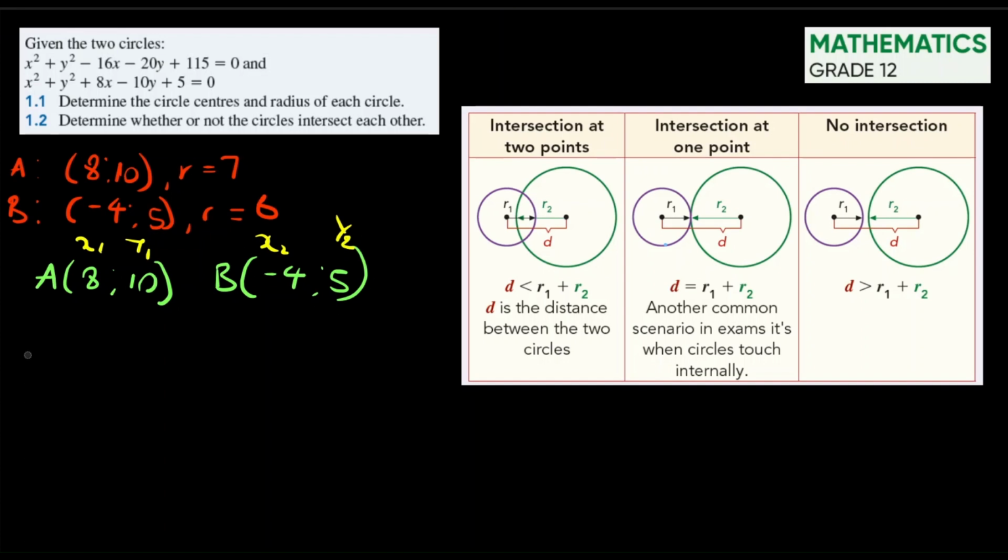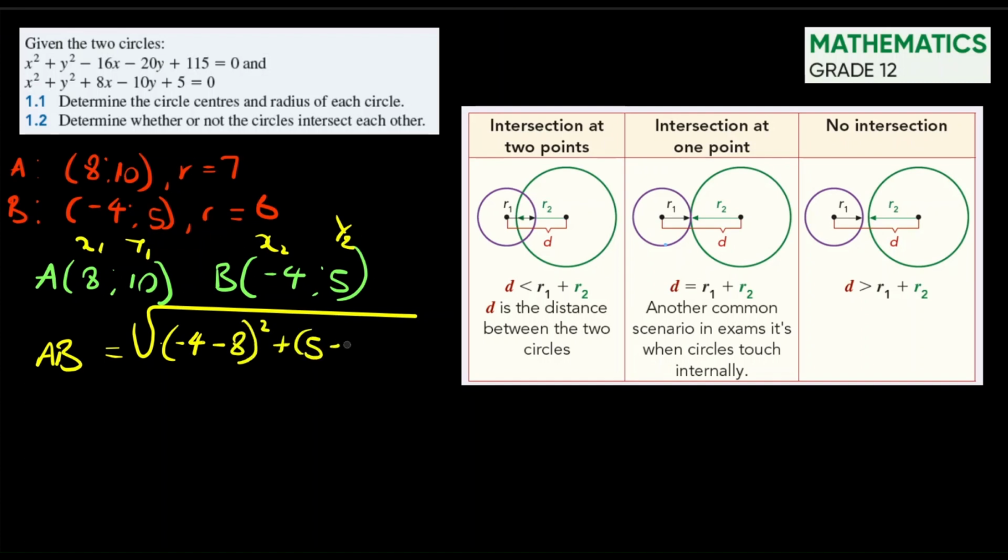The distance AB is the square root of (x2, which is -4, minus x1, which is 8) squared, plus (y2, which is 5, minus y1, which is 10) squared. In your calculator, we get that the distance between the two centers is 13 units.